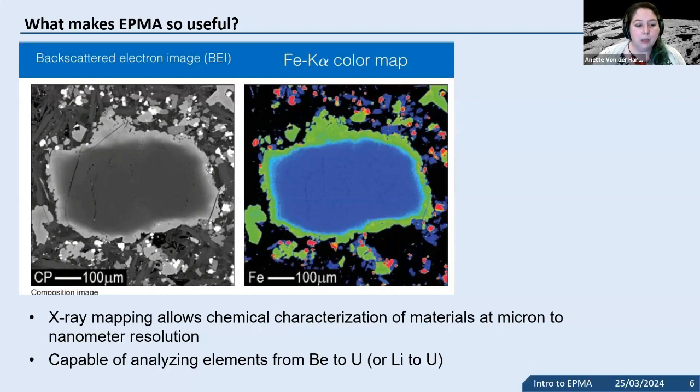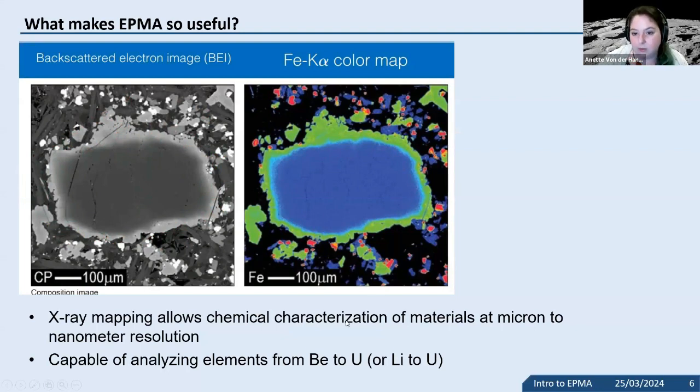And so we can combine this electron imaging information, where we know that overall the mean atomic number of the material changes, in this case from core to rim, and we can then use the X-rays to actually know what element exactly is changing here.